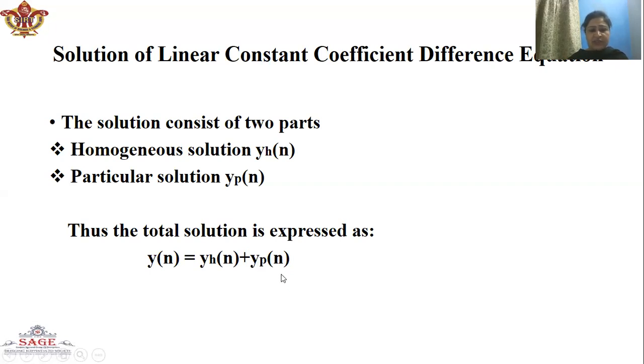So note that if I am finding the total response, I'll have to find the homogeneous solution and particular solution, and then the addition of these two solutions will give me the total solution y(n). Now, I'll see in my next slides how I can find the homogeneous solution and particular solution.